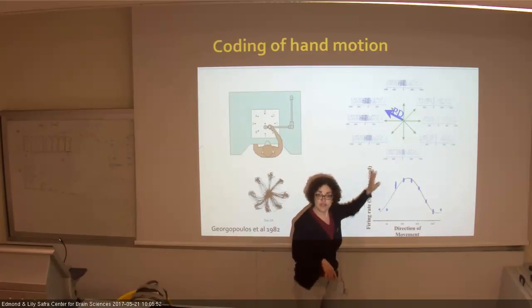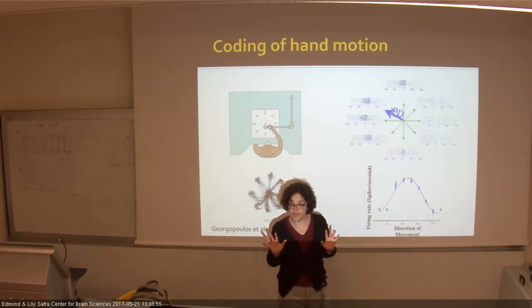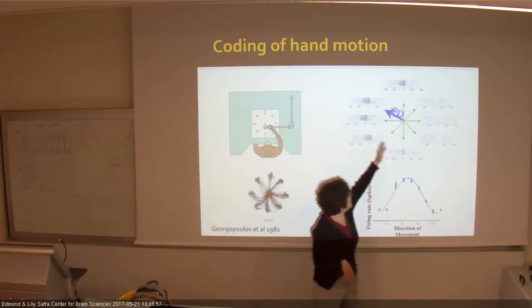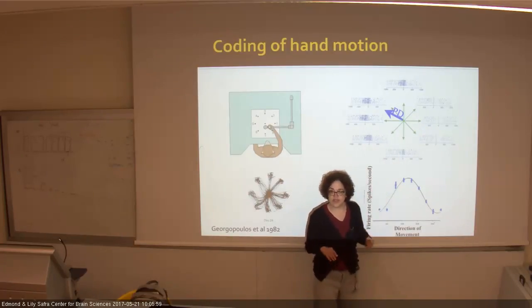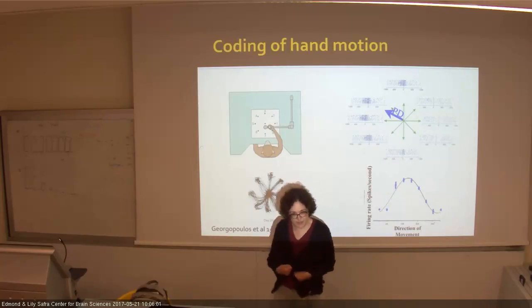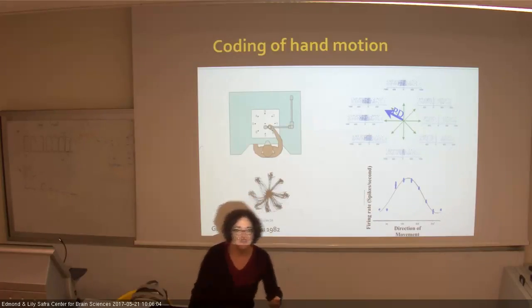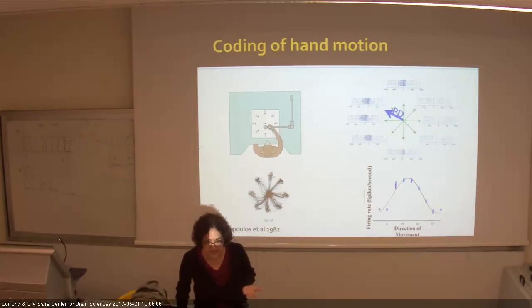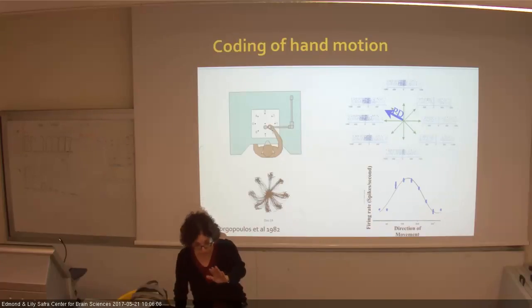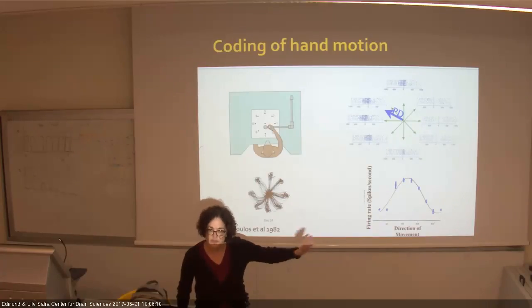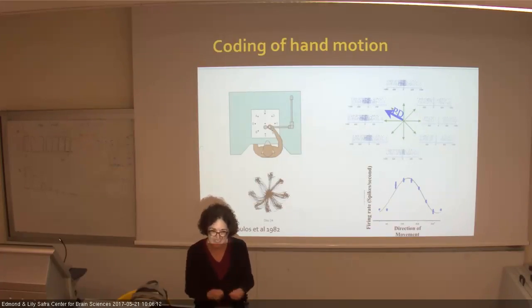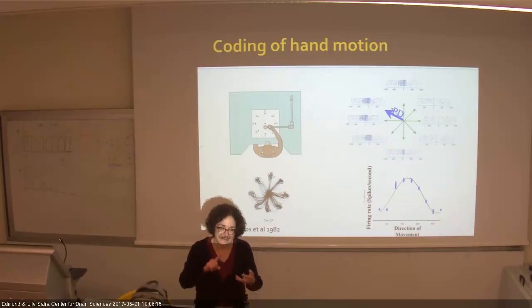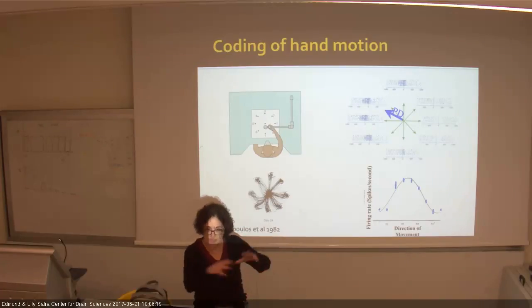Surprisingly, the activity of the cells was very simple. The simplicity was at odds with the complexity of the motor task. But you're right, and I'll now show you a set of experiments that tried to dissect the muscles and the direction, and all the parameters that are lumped together here.